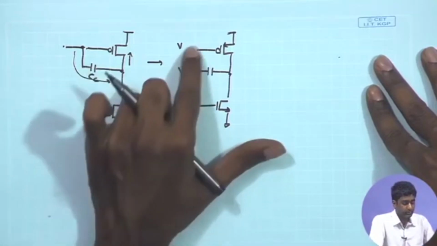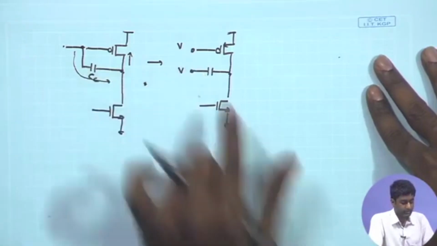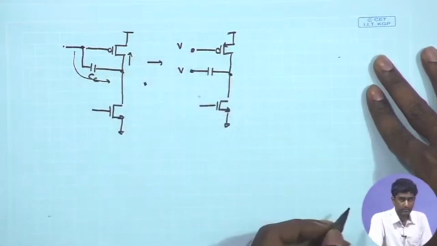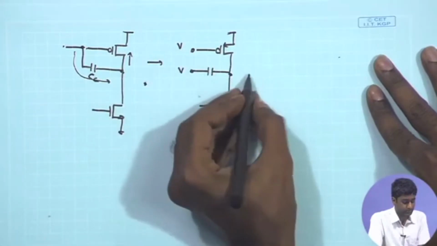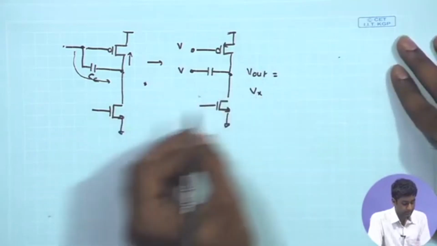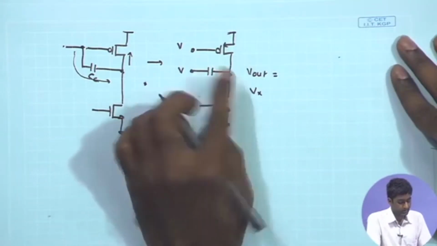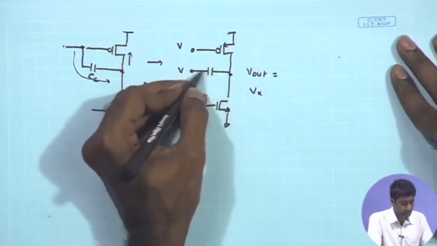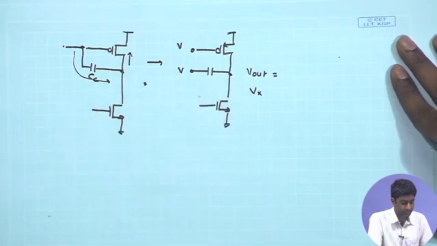So, if we look at this particular combination, I can write down the expression for the output signal over here as a superposition of these two. So, I can write down V out as V times the capacitive division, the voltage division, between this capacitor and the overall impedance over here.